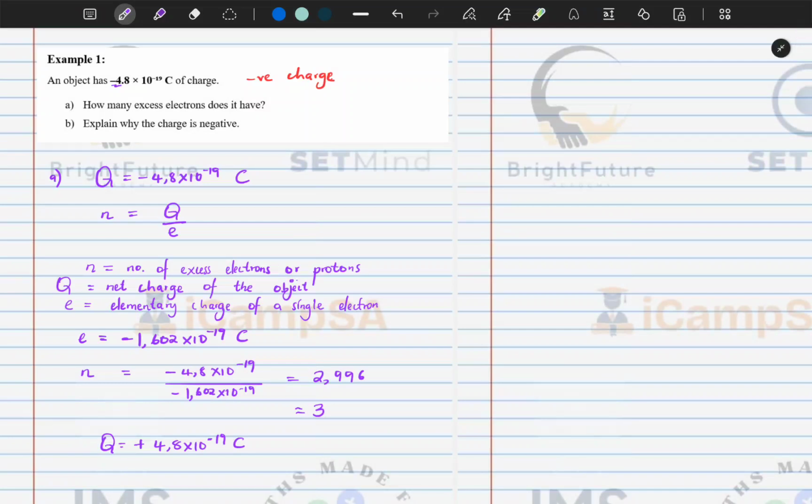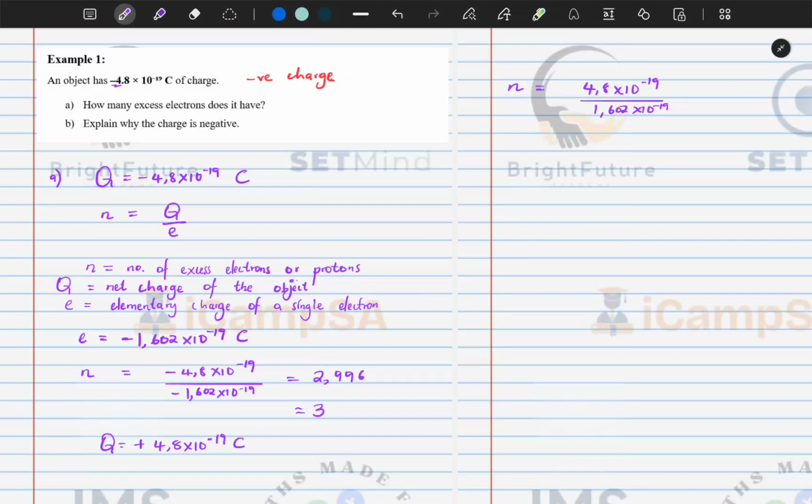Why excess protons? Because it is positive. So you would carry out the same step. You'd say N is 4.8 times 10 to the power minus 19, all over 1.602 times 10 to the power minus 19. My signs are both positive because N must always be a positive number.